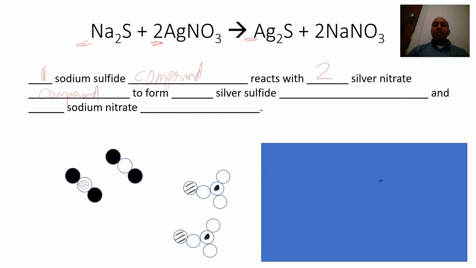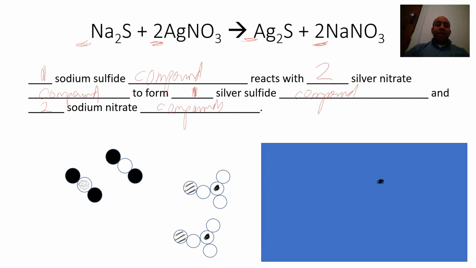We see that there's a 1 in front of the silver sulfide, the silver sulfur compound. That's a 1, and we write compound. And there's a 2 in front of the sodium nitrate, and that's also a compound.